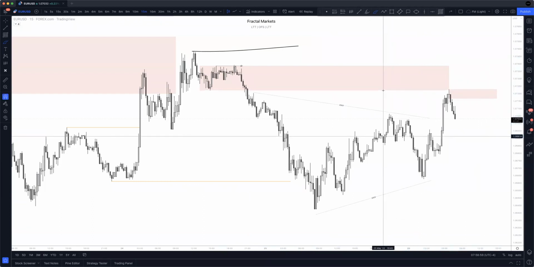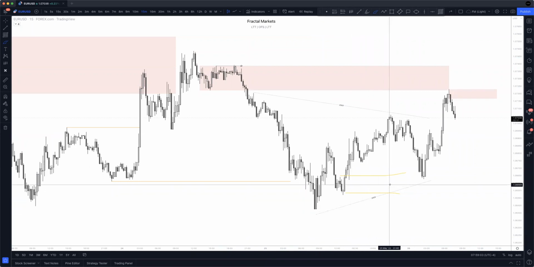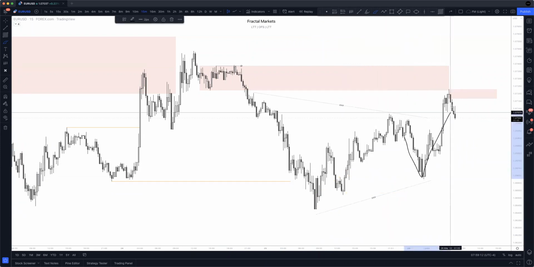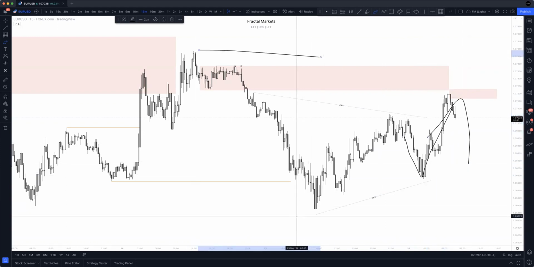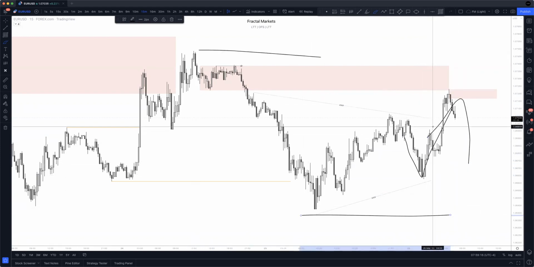Even though these longs look really good in hindsight, in theory there is no demand down here. Demand is way lower on higher time frames. Yeah, and again, this is taking counter trend against the higher time frame swing, right? I got you, man.